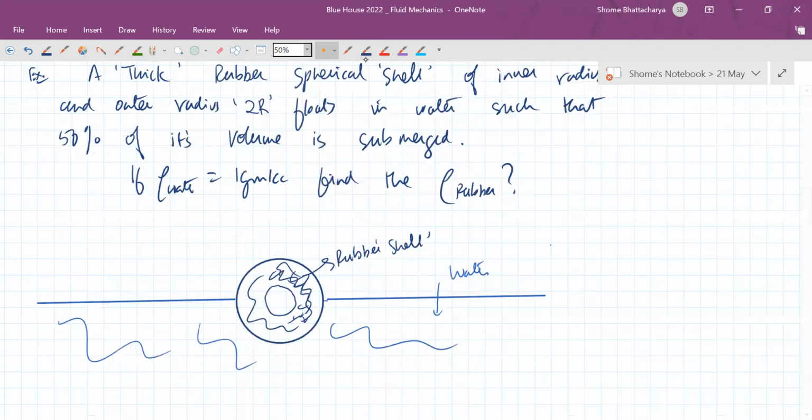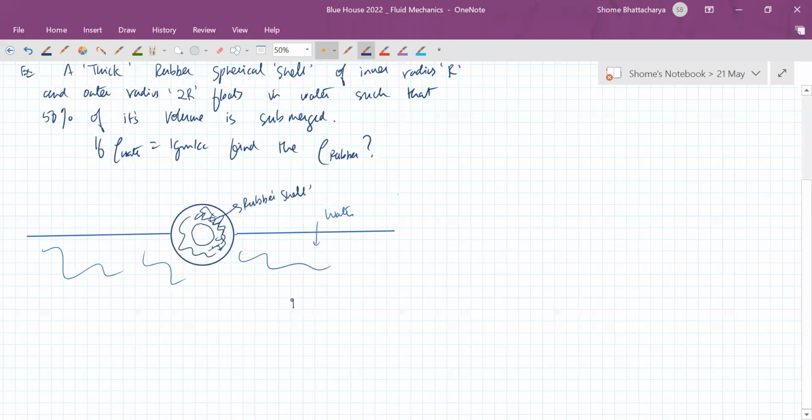So for the floating object, when we apply the principle that buoyant force balances the weight, we'll see buoyant force is density of water into volume of submerged part into g. This will be density of rubber into volume of the rubber part into g.